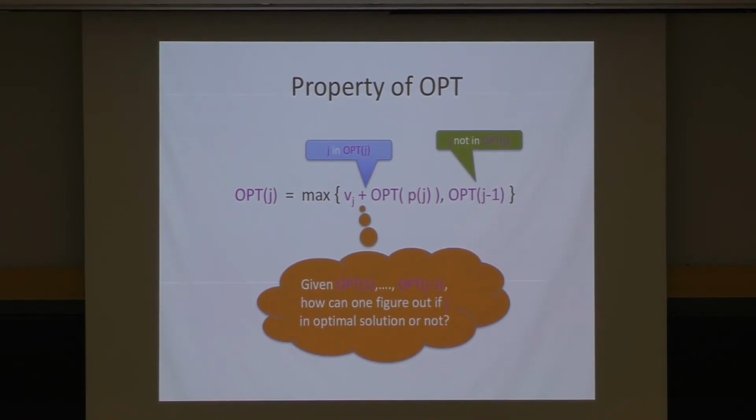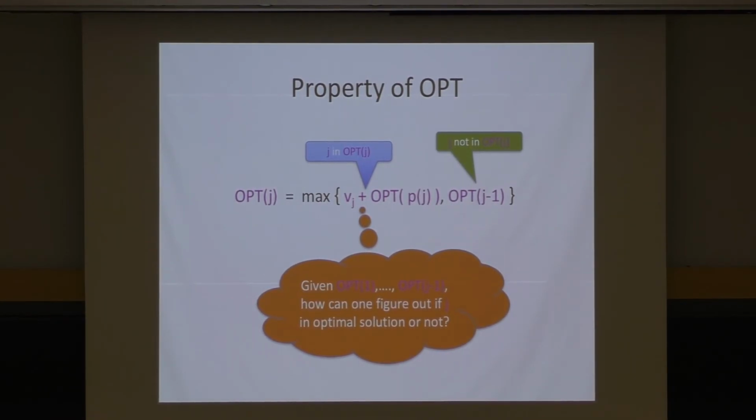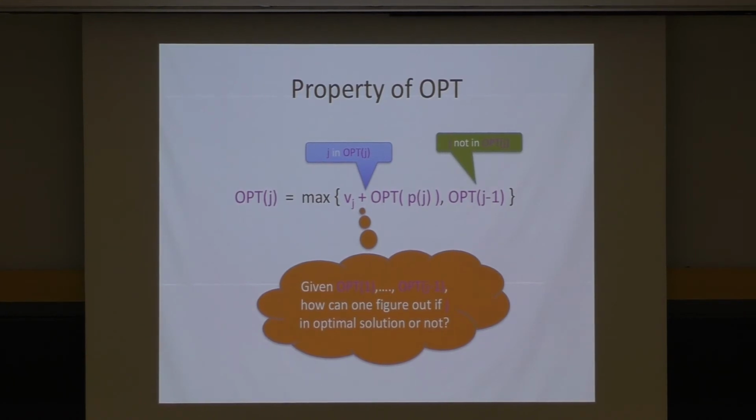Now let's say someone tells you the value of all of opt of 1 up to opt of j minus 1. Can you quickly figure out whether j should be in the optimal solution or not? What would be a simple check to decide whether j should be in the optimal solution or not? Mehmet.